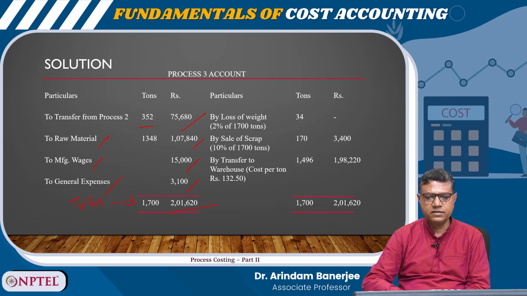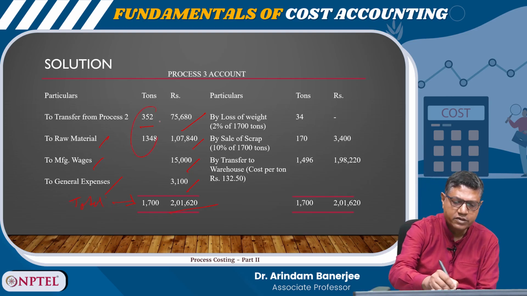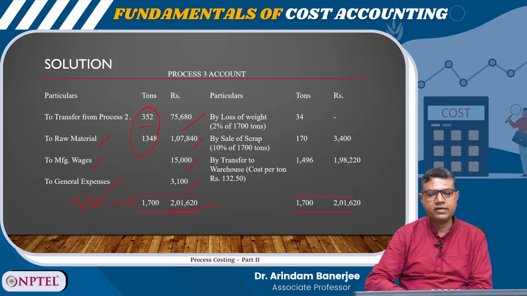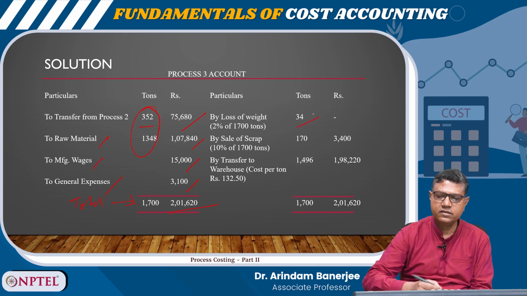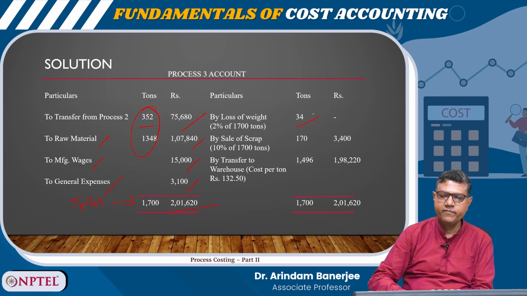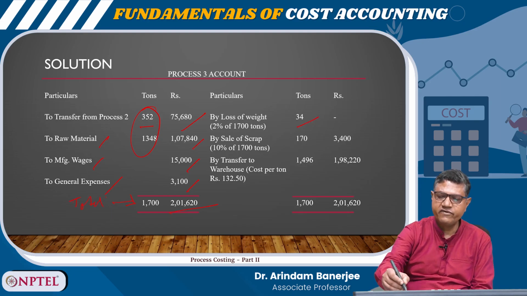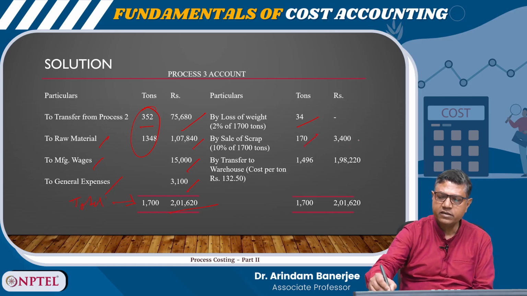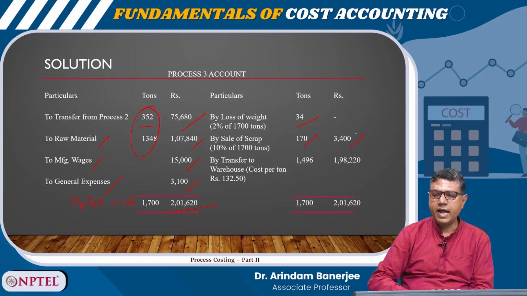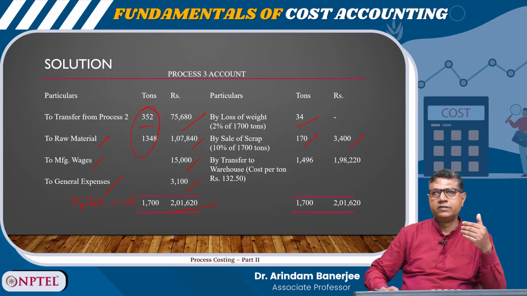Out of this, 1,700 tons in total, right? 2%, that is 34 tons, is loss of weight. The sale of scrap is 10%, so 10% of 1,700 tons is 170 tons. Its value is 3,400, and the rest is transferred to the warehouse.